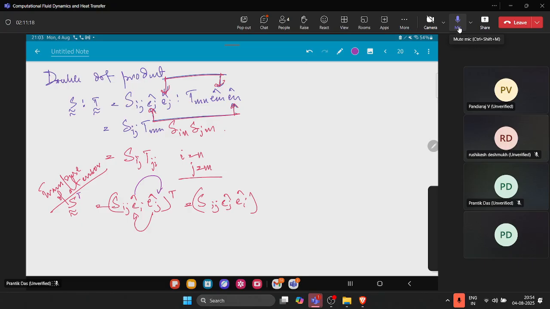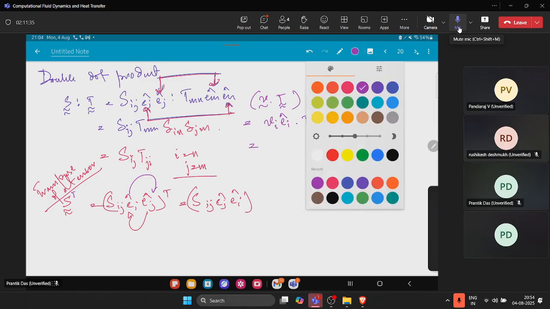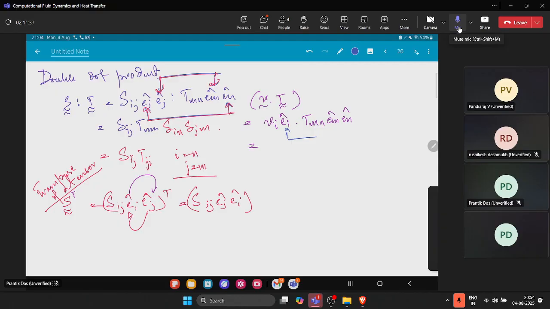And then there is another thing which is called the dot product between a vector and a tensor. So v_i cap dot T_mn e_m cap e_n cap. So what we should do is basically a dot product between the nearest unit vectors.